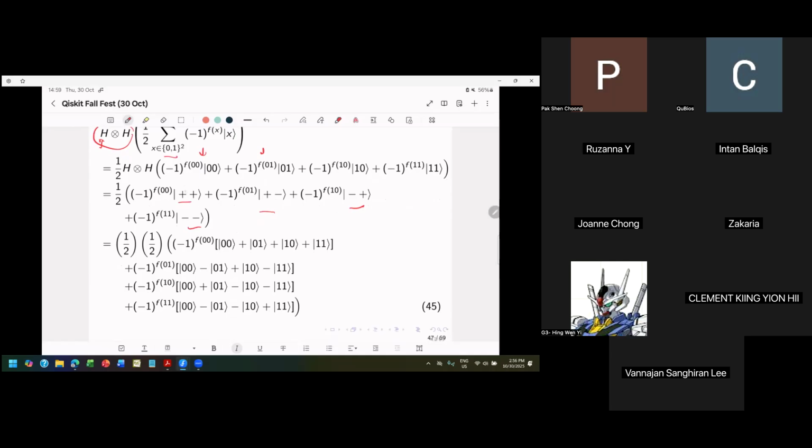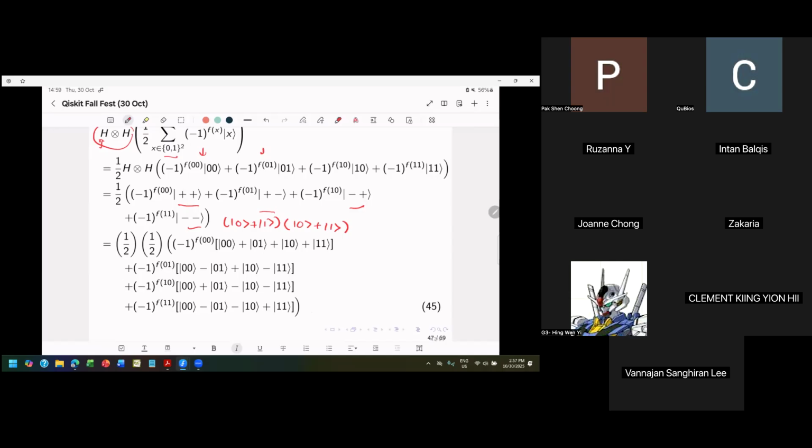Because you have 2 qubits over here, you need to do the expansion twice. So for instance, from the first one, plus plus, what you will have is 0 plus 1 tensor with 0 plus 1, right? So that's why you have 0, 0, 0, 1, 1, 0, and 1, 1.